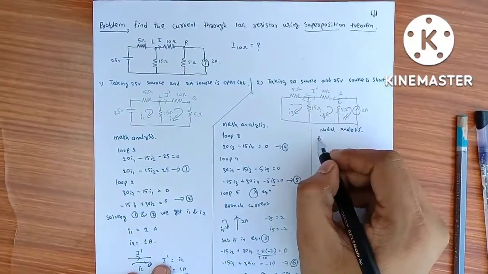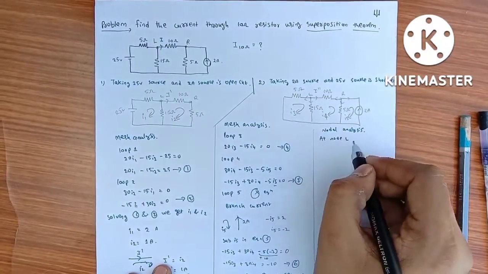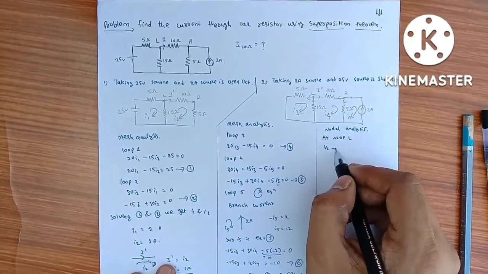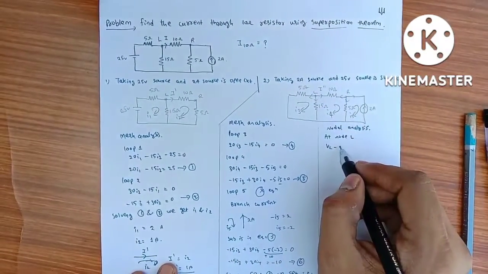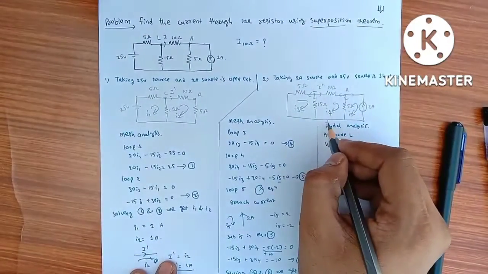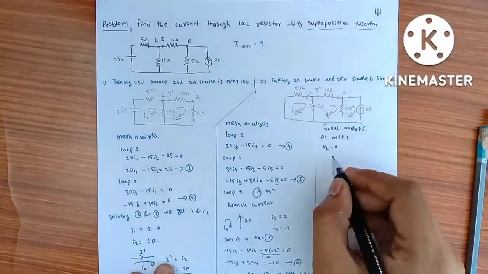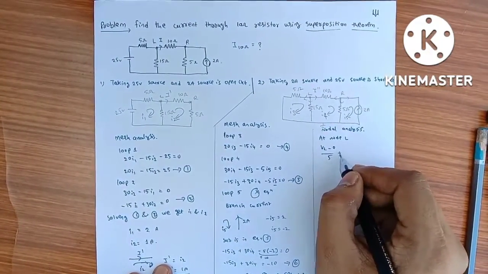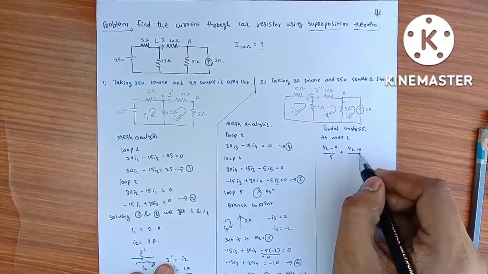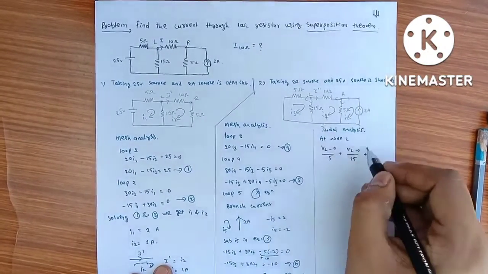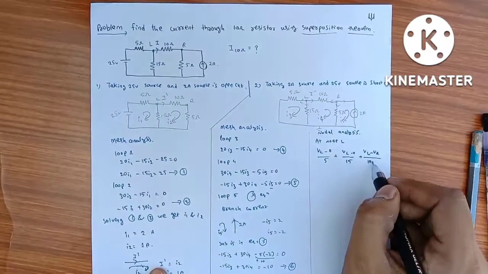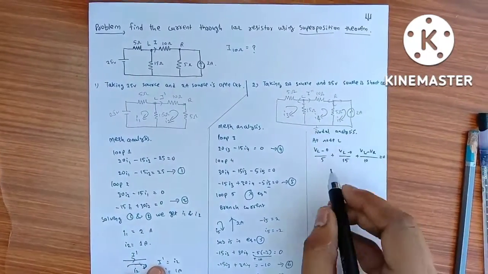So at node L we are getting, again taking this as the reference node, VL minus 0 by 5 plus VL minus 0 by 15 plus VL minus VR by 10 ohms, which is equal to 0.